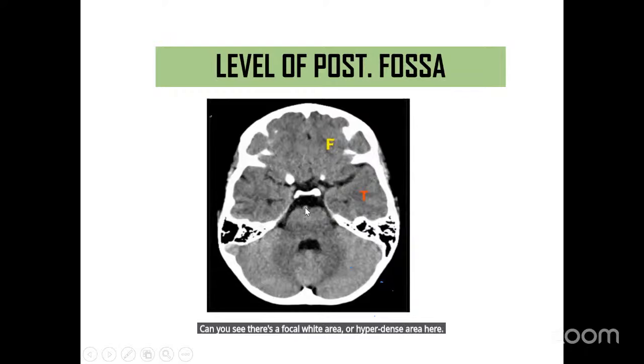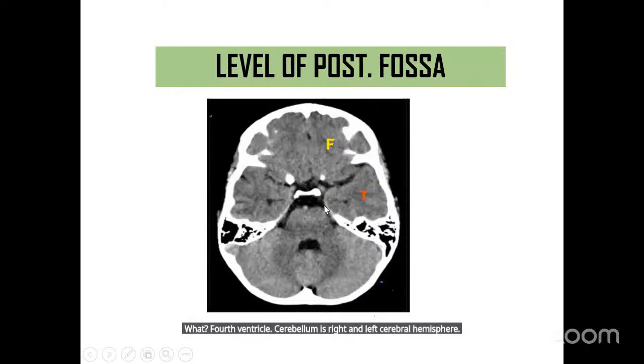Can you see it anterior to the pons, slightly to the left, slightly to the right? That is the basilar artery. So basilar artery, pons, fourth ventricle, cerebellar vermis, right and left cerebellar hemispheres.